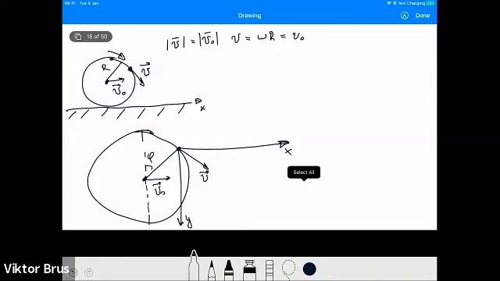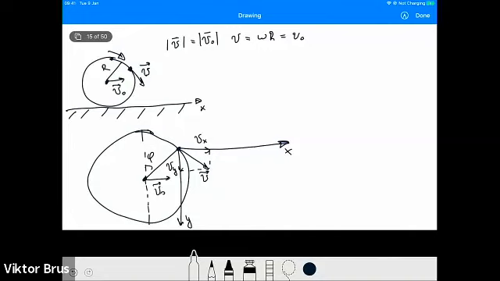This vector v is the linear velocity of uniform circular motion, and we can consider its 2 components. It will be vx, and here we have vy.